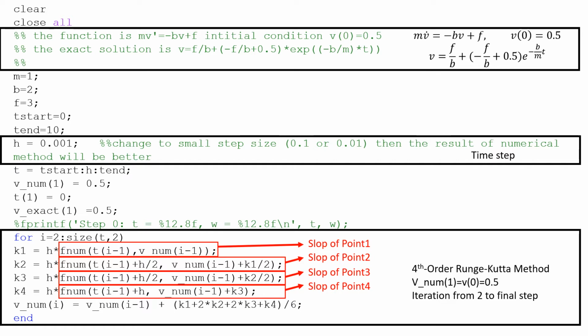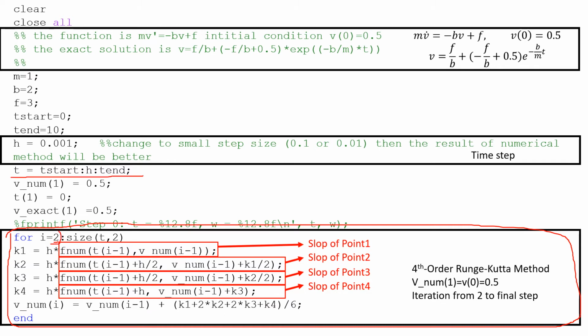So then we will write the Runge Kutta here. You can see I iterate over the time array, with i from 2 to the end of the time array.